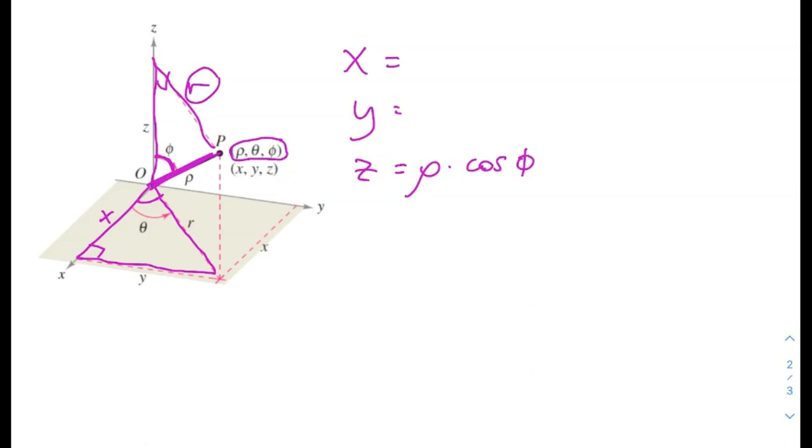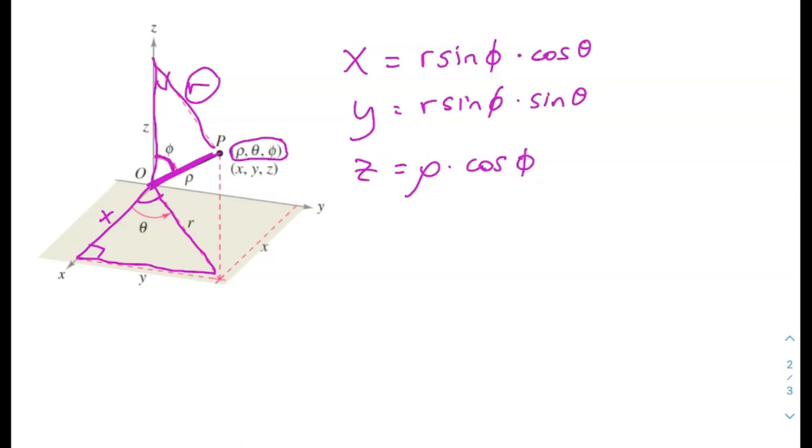R is rho sine phi. So for x, we can say rho sine phi times cosine theta. What about y? Well, again, y is r sine theta, and r is rho sine phi. So y is rho sine phi times sine theta.